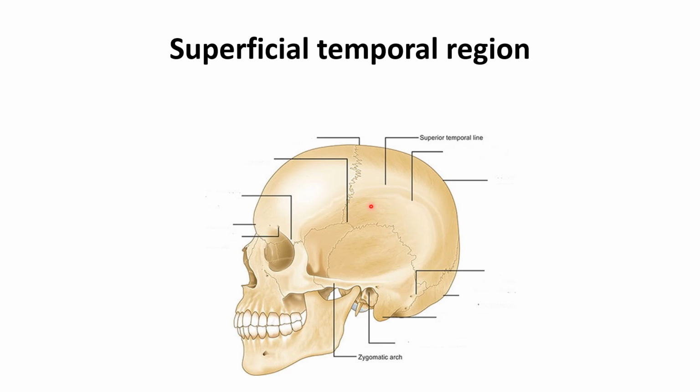So when we talk of the superficial temporal region, we are talking about this area, and this area has 6 layers instead of the 5 layers present in the scalp. So when one is asked about the scalp, the examiners also tend to ask how many layers are there in the superficial temporal region and where it is located. So one should know.